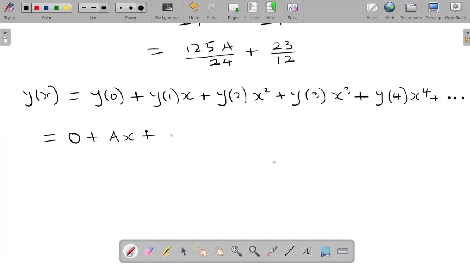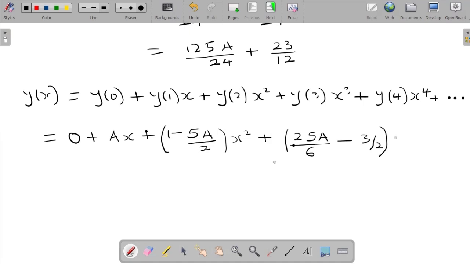We obtained y of 2 as this, which can be simplified as 5a over 2 into x squared plus 25a over 6 minus 3 over 2 x raised to power 3, and so on like that.